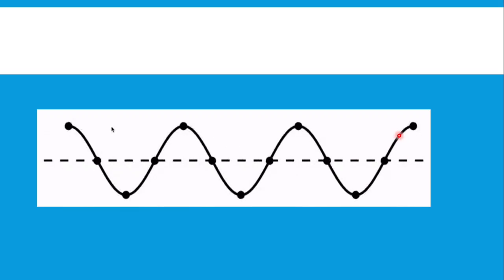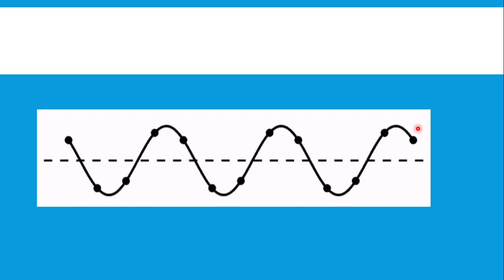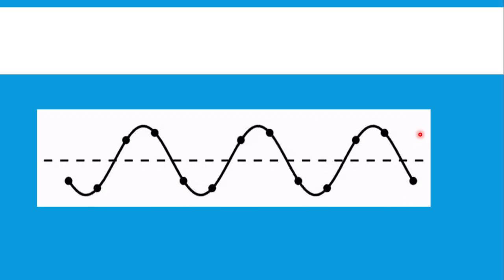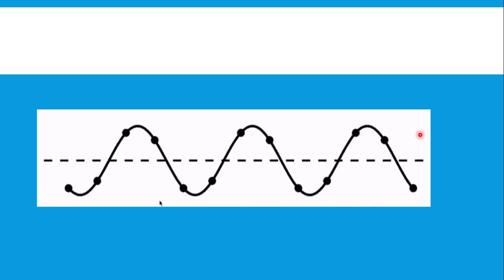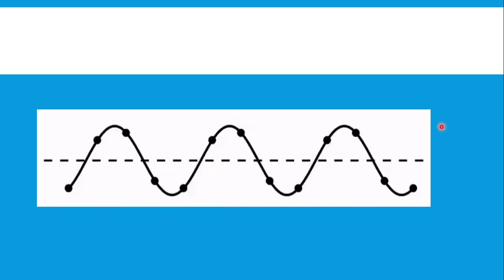However, if you think about the particles mentioned over here, you can see that the particle goes up and down. So the propagation is in the x direction, but the particle movement is in the y direction, which is perpendicular.